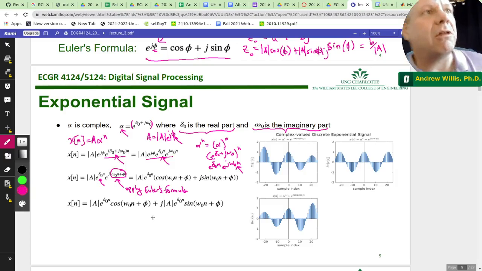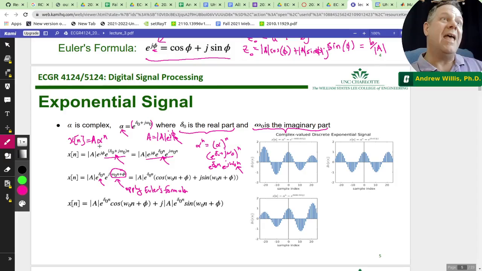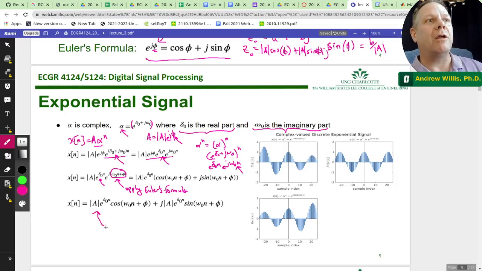And now we start to see the oscillatory behavior. From all this analysis, we can see the oscillatory behavior. On the front here, we have our real valued exponential signal. All of the behaviors we previously talked about for real valued exponentials manifest in this signal through this term.